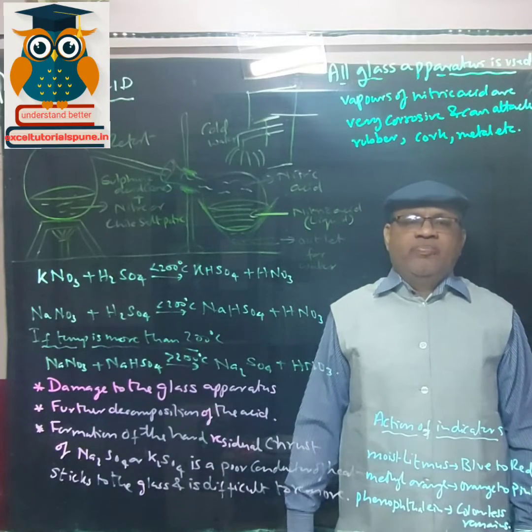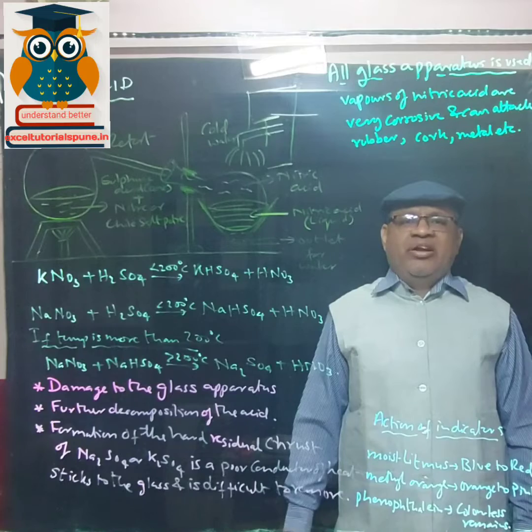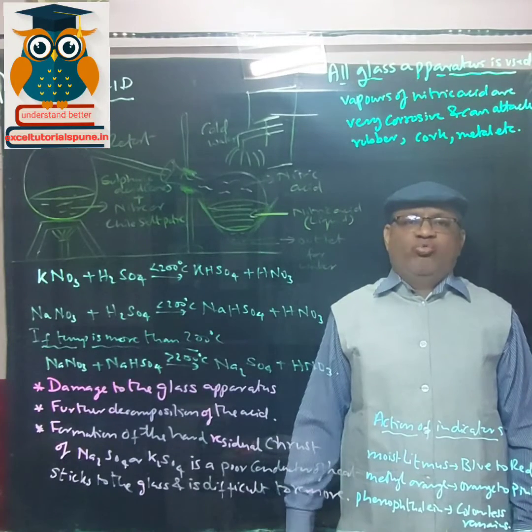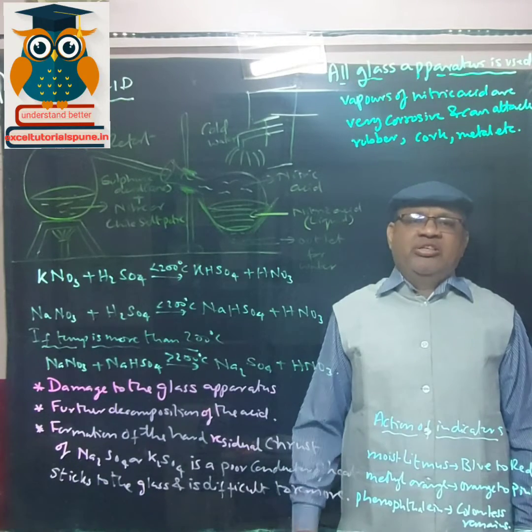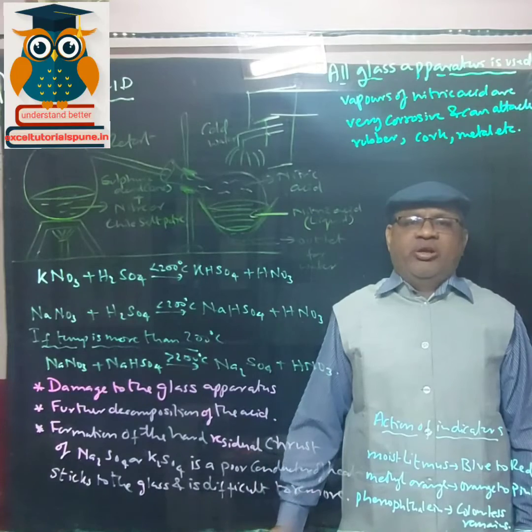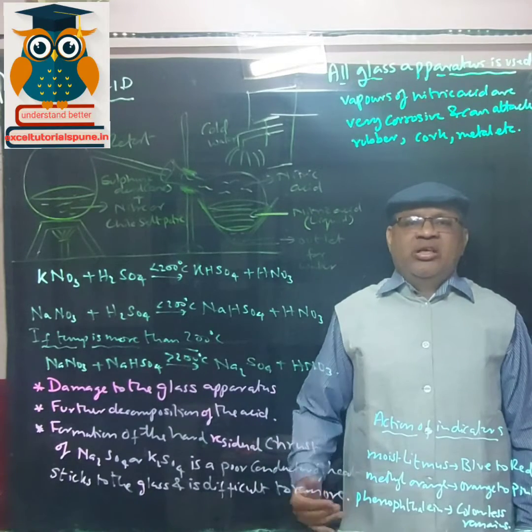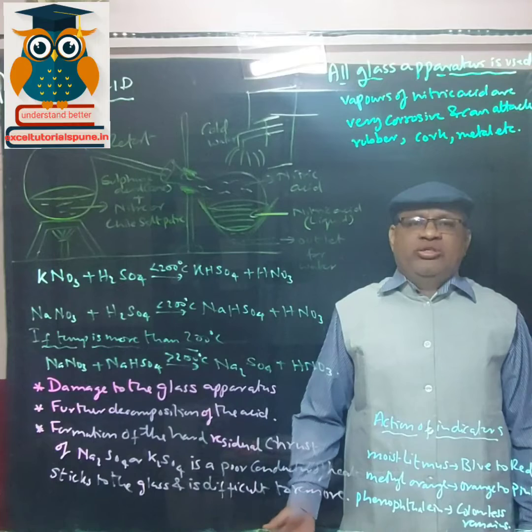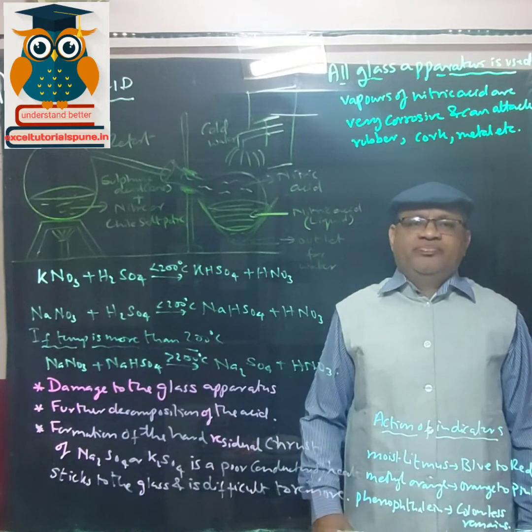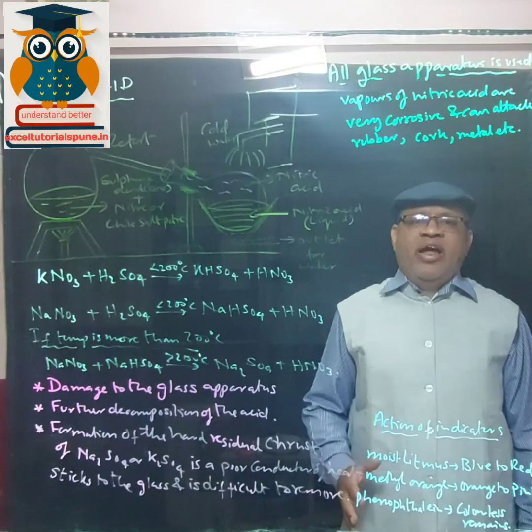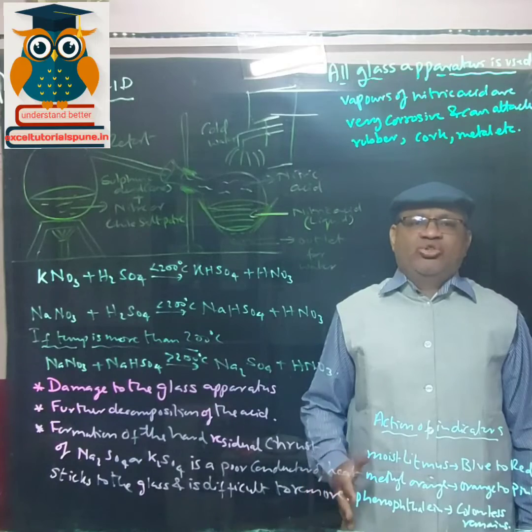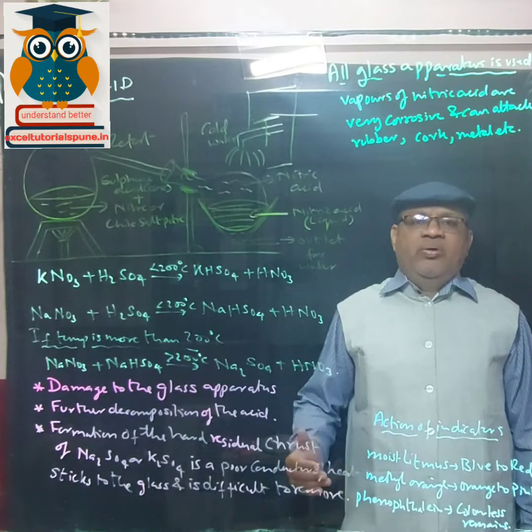So whenever there is a lightning discharge, that means thunder and lightning, this nitrogen combines with oxygen to form nitric oxide, then nitrogen dioxide, and thereafter this nitrogen dioxide combines with rainwater to form nitric acid, and this nitric acid combines with the soil and forms nitrates.